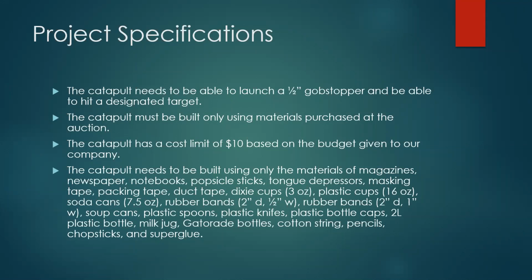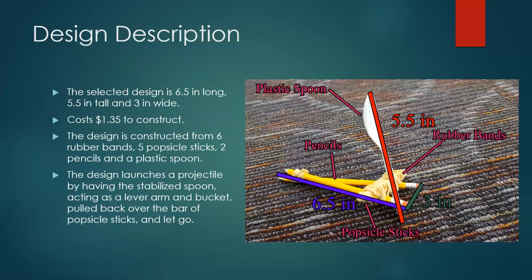Soda cups, soup cans, plastic spoons, plastic knives, plastic bottle caps, 2-liter plastic bottles, milk jugs, Gatorade bottles, cotton string, pencils, chopsticks, and super glue. We used a fraction of this.